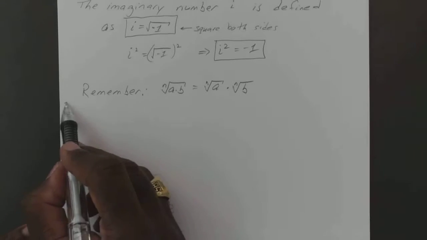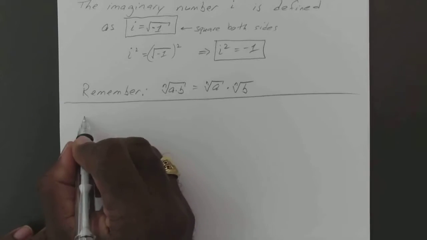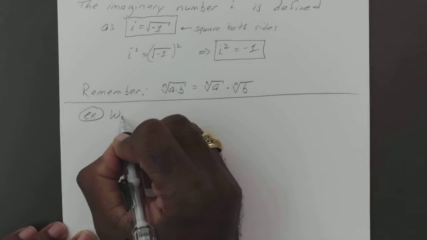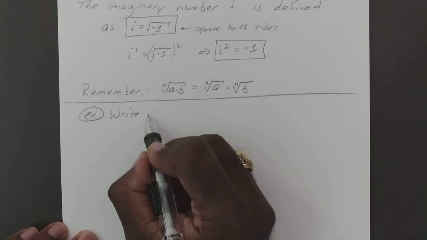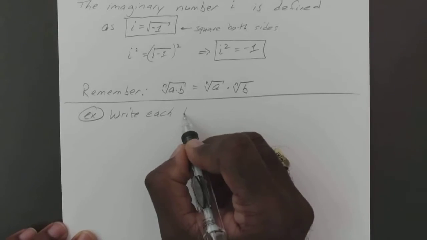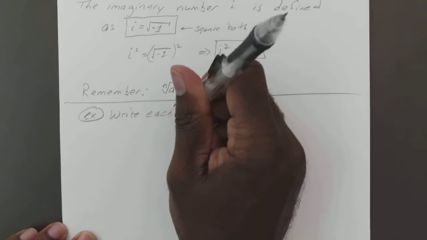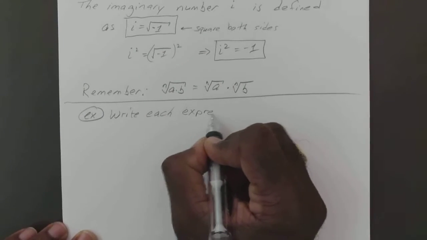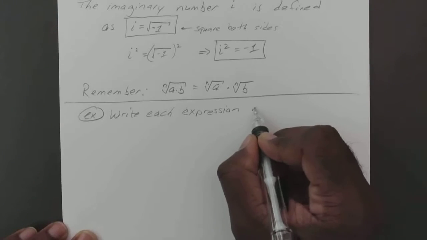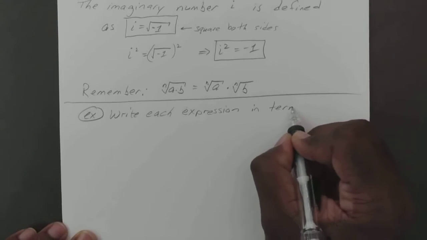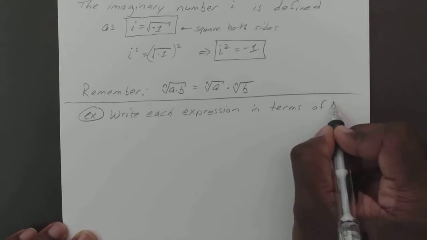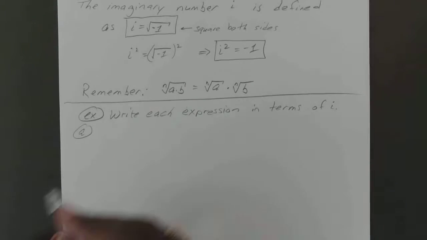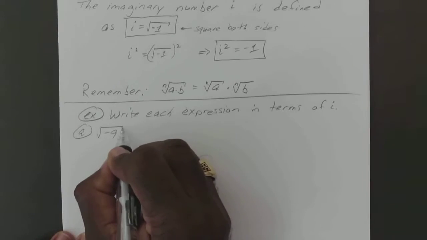All right, so let's say, for example, you want to write each expression in terms of I. For problem A, we have the square root of -9.